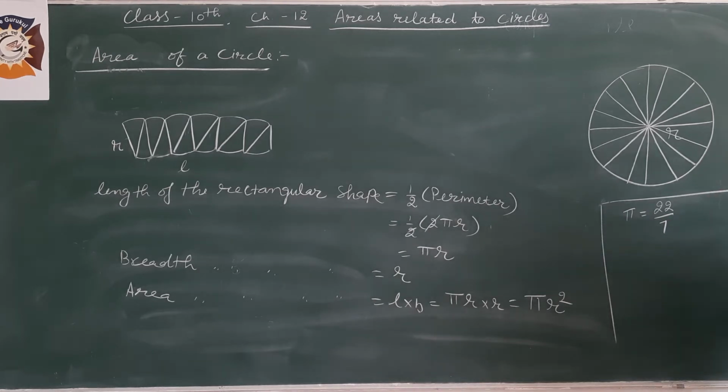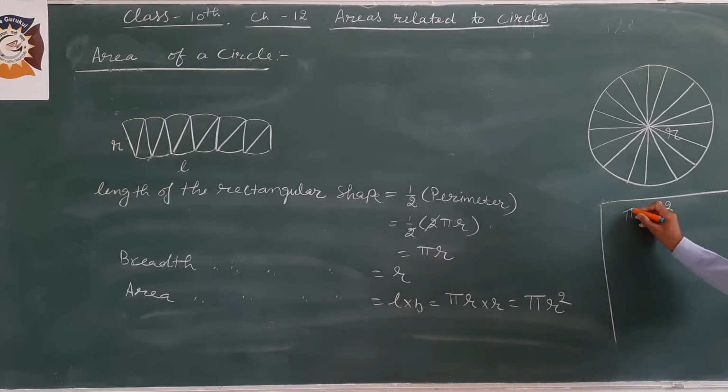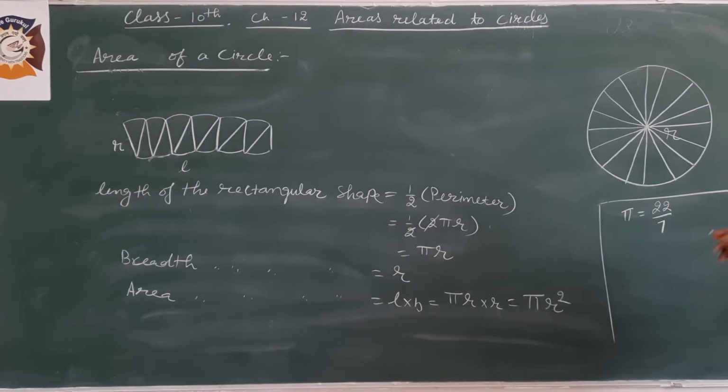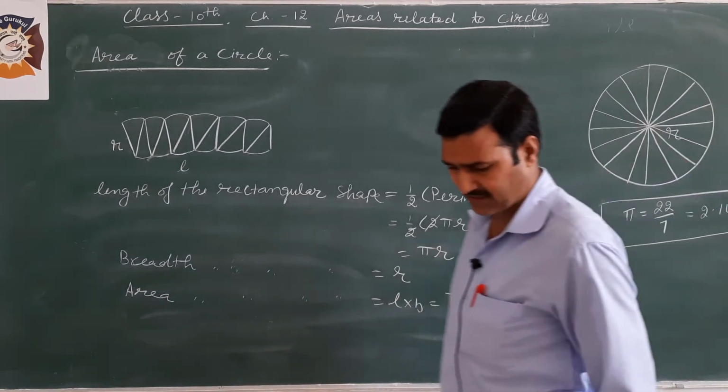The decimal form of an irrational number is non-terminating and non-repeating. Because of that, this is irrational. So for calculating area and perimeter I'll take the value of pi as 22 by 7 in rational form or 3.14 in decimal form. These values we will use in calculating areas and perimeter.